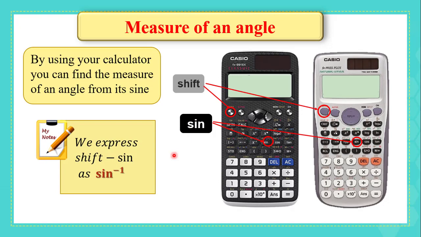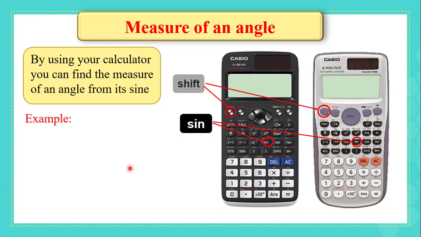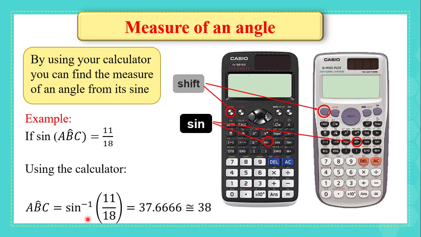Here you need to notice that shift sine is expressed as sine minus 1. For example, if sine ABC is equal to 11 over 18, which is a value smaller than 1, then using the calculator, shift sine, which we call sine minus 1, of 11 divided by 18 is equal to 37.66, which is approximately 38 degrees.